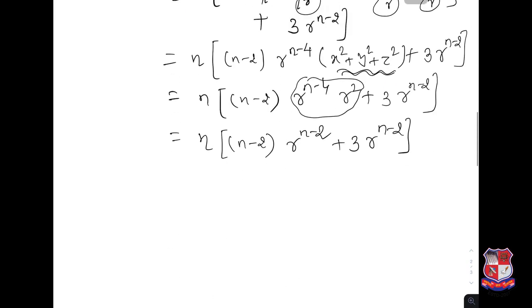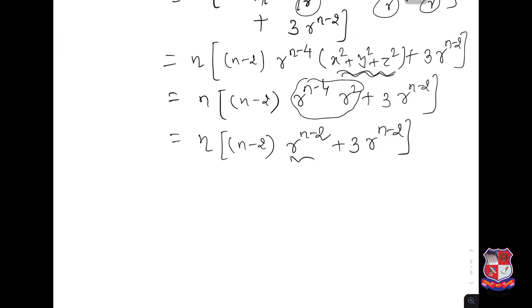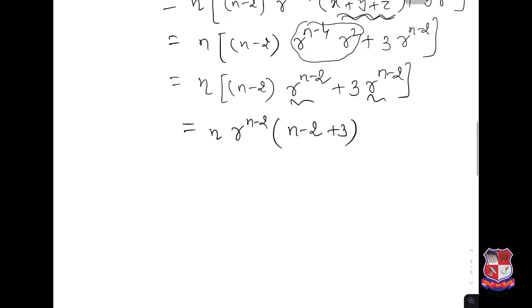Now we can take r power n minus 2 also outside. So r power n minus 2 outside, inside n minus 2 plus 3. So we have n plus 1 r power n minus 2.